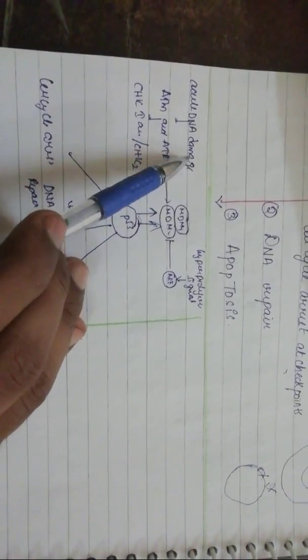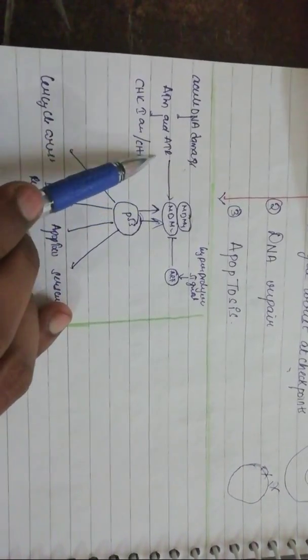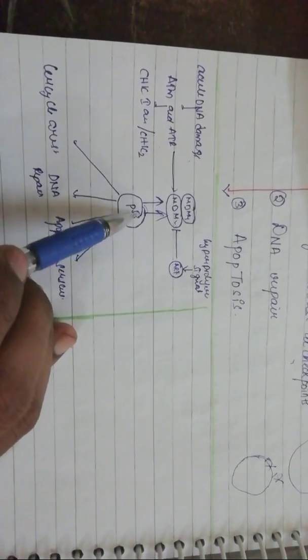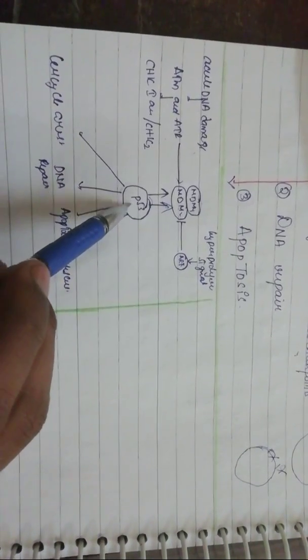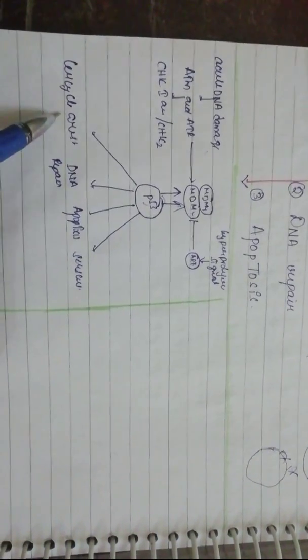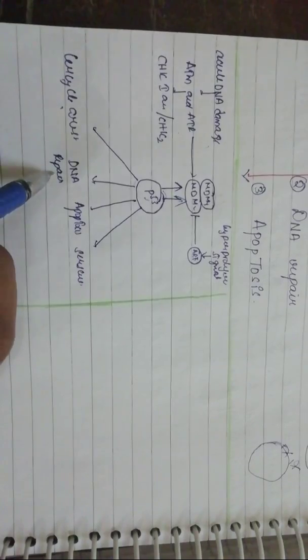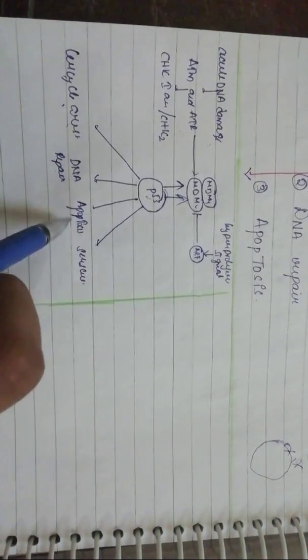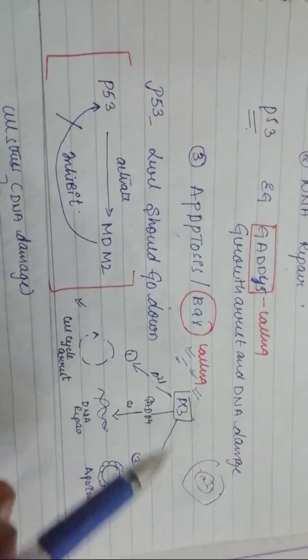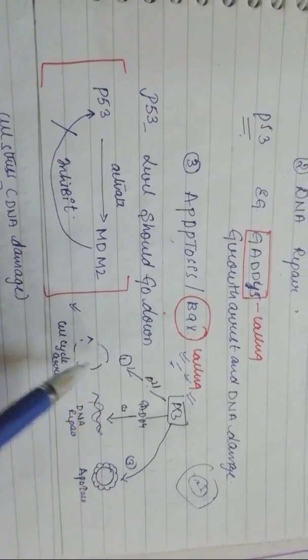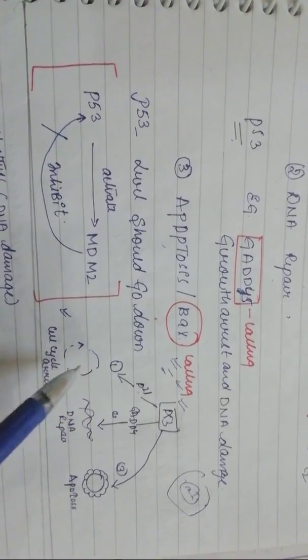If there is any damage, the stress signals activate this P53 gene. And you have to understand that for cell cycle arrest, DNA repair and apoptosis, P53 calls some other players. For cell cycle arrest, it calls P21, so that P21 comes and stops the cell cycle. So this is cell cycle arrest.